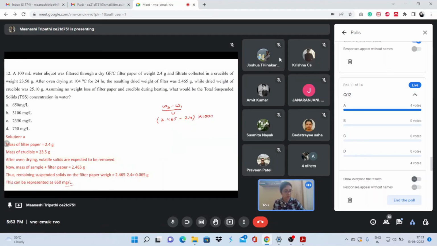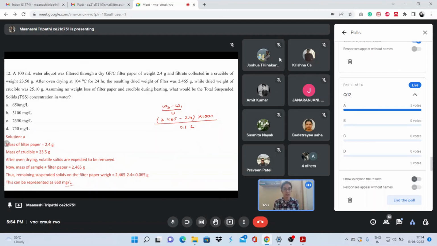So gram is converted to milligram, and it is in liter, so ml will be converted to liter. 100 ml is equal to 0.1 liter. When we solve, we will get 650 milligrams per liter. We can check. Yes, it's coming 650 milligrams per liter.